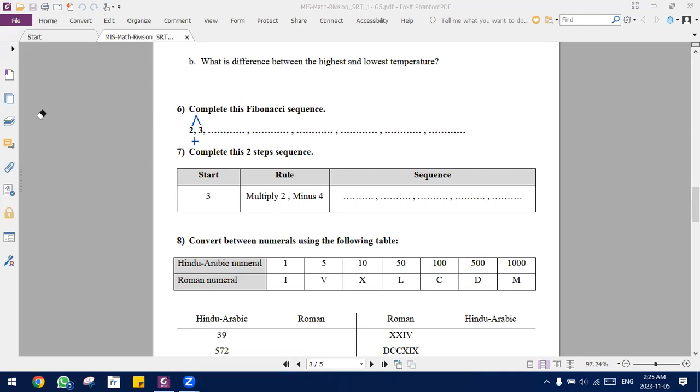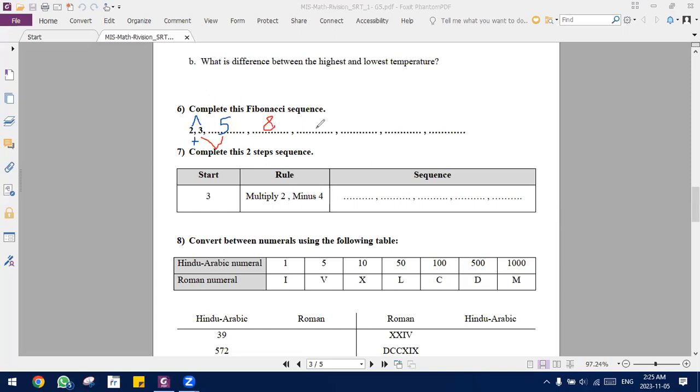So we say 2 plus 3 is 5. Now I need to find the next value here. What should I do? We add again the previous two numbers. So it's 3 plus 5. So 3 plus 5 is 8.